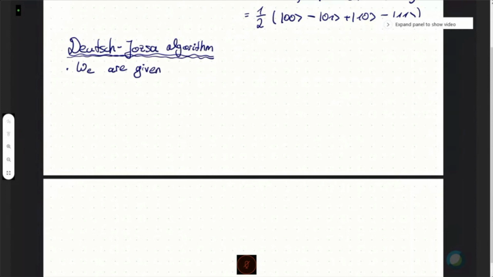So in this case, we are given a function f, which takes as input a bit string of n bits, and then it outputs either 0 or 1. And this function is realized by an oracle.